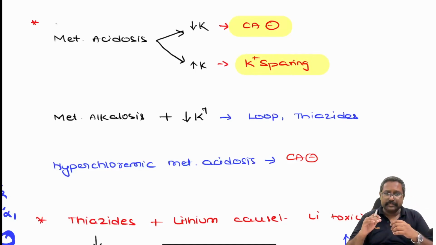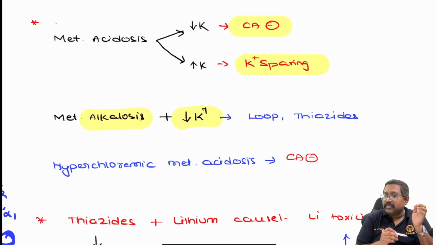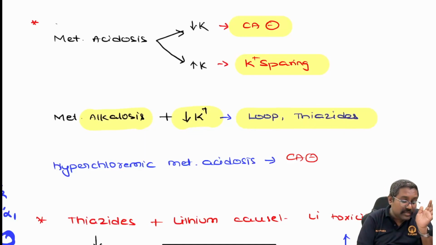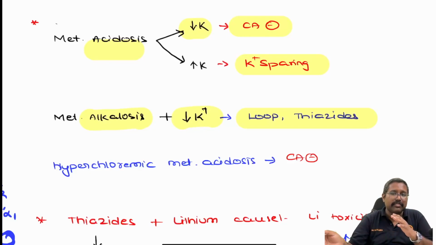There are some diuretics which can lead to metabolic acidosis because of the excretion of ions, and there will be a decrease in potassium. Metabolic alkalosis and decrease in potassium, please remember, are seen with loop and thiazide diuretics, whereas metabolic acidosis and decrease in potassium are seen with the carbonic anhydrase inhibitor, because it removes all the bicarbonate, so the body goes into an acidotic process.